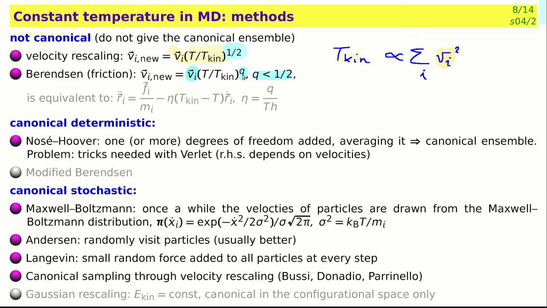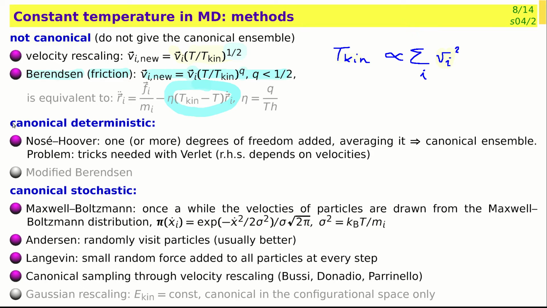And during the simulation we are doing many steps, and the temperature eventually fluctuates around the correct value. This method is called the Berendsen method, also a friction thermostat or something like that. We can rewrite these equations to true equations of motion, but it's not important. It's a technical detail.